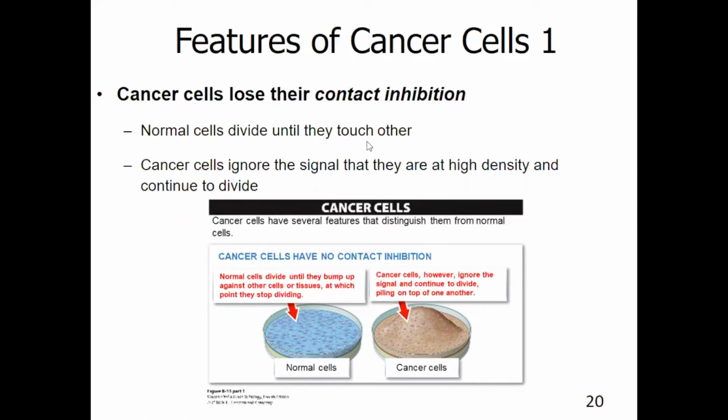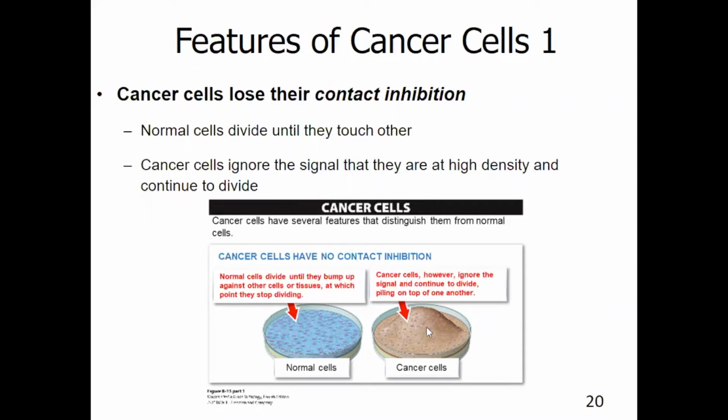And once they sense that there are other cells around them, they stop dividing. Here in figure 8.15, we see a petri dish filled with cells, and there's one layer of cells here. Once these cells sensed the edge of the petri dish, as well as all these neighboring cells, they stopped dividing.